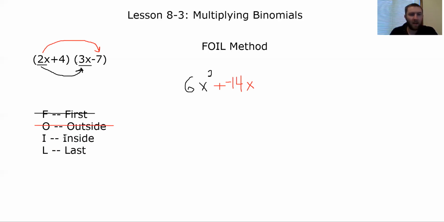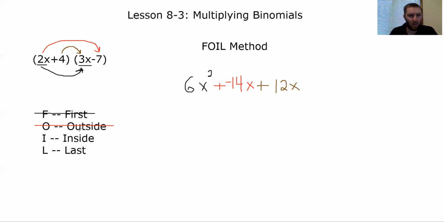Now the inside is the same idea, but it's going to be the inside 2 pieces. Okay, so I'm going to multiply the inside two pieces. This 4 and this 3x are my inside two pieces. And when I multiply those together, positive 4 times a positive 3 is going to make a plus 12, and there's still an x. And all of this should look very familiar because it's exactly what we just did.